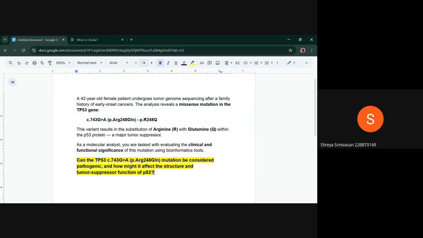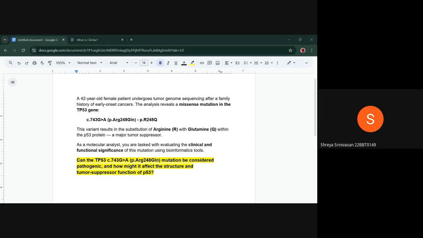Because if p53 is altered, what could happen? There could be no apoptosis. It will not have control on your tumors, the highly proliferating cells. That is what finally leads to cancer. So you need to know if this tumor is cancerous or not, because this person has a mutation in the P53 protein. That is what we are going to look at today.